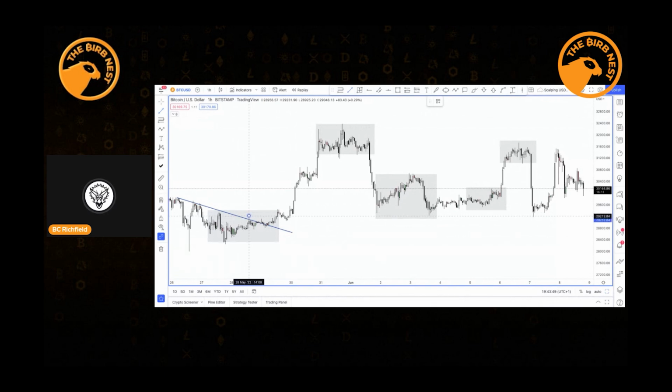If we take our trend line and draw it across, here's the high, here's the low, lower high, lower low, lower high, lower low. Here's the high, here's our higher low. As long as we maintain those higher lows, we're looking for a break of this higher high, which we get here.